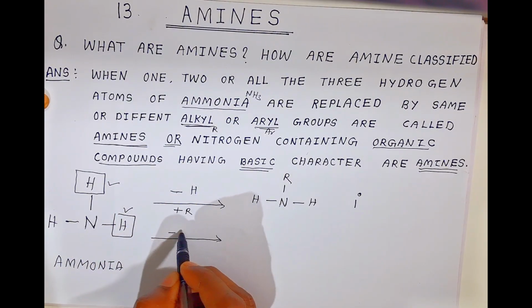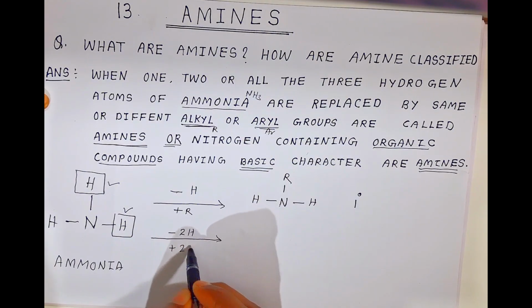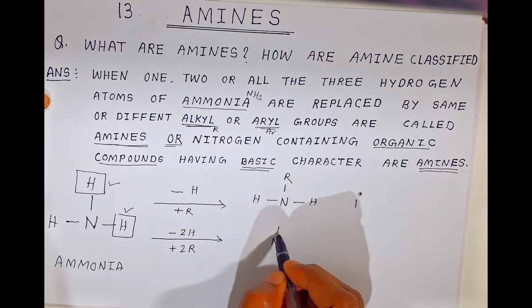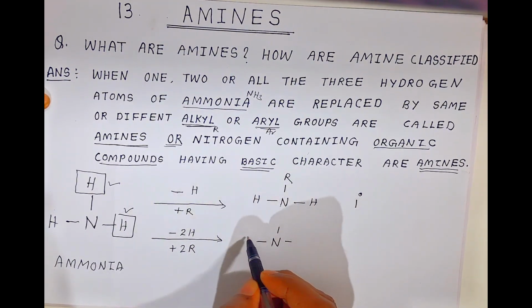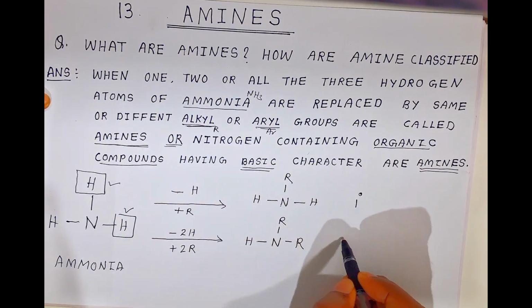Here you show minus 2 hydrogen and add 2 alkyl or aryl groups, whether aromatic or aliphatic. The nitrogen keeps one hydrogen as it is, and the other 2 hydrogens are replaced by alkyl groups, so it is a second degree amine.